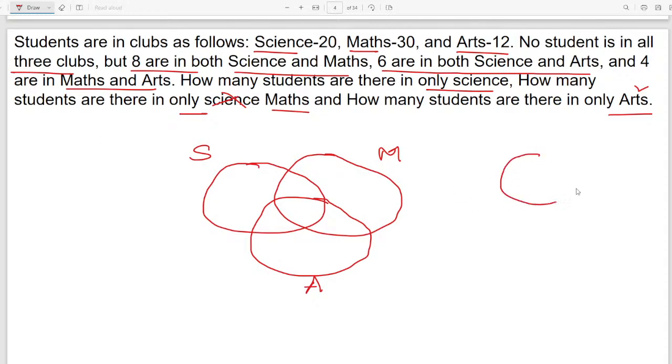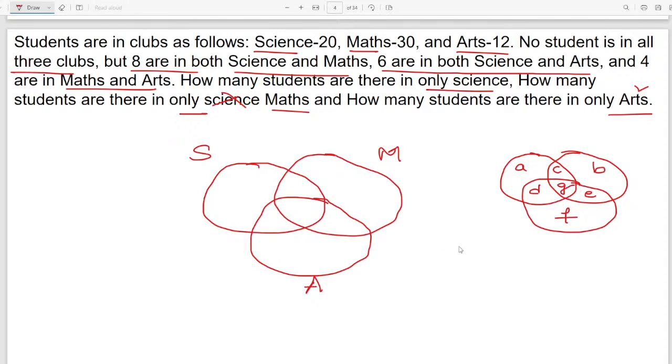Whenever there are three items, we write a Venn diagram like this, where I'll label the areas A, B, C, D, E, F, and G.